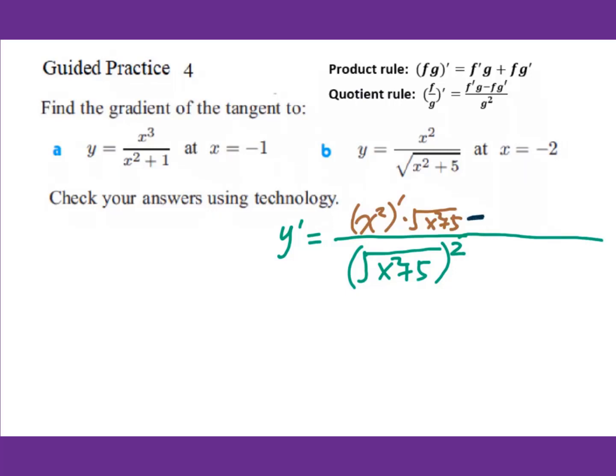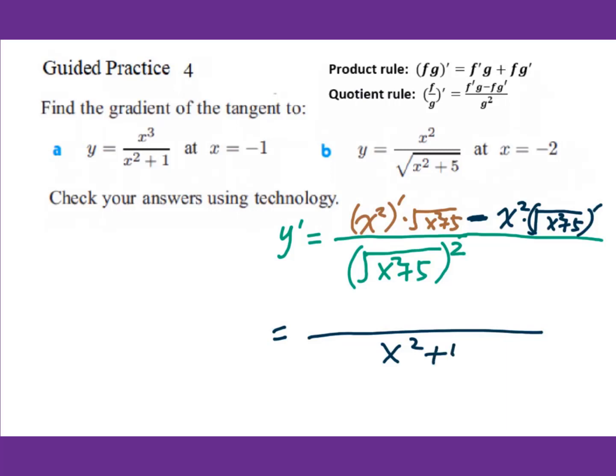Then you need to subtract x squared times derivative of square root x squared plus 5. As a denominator, we have x squared plus 5. Derivative for x squared will be 2x square root x squared plus 5 minus x squared times.